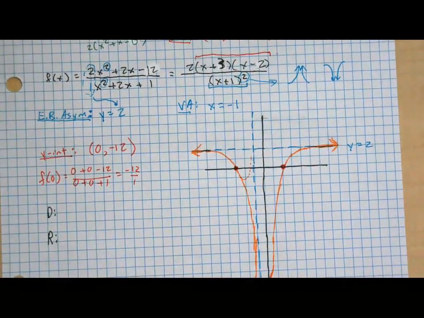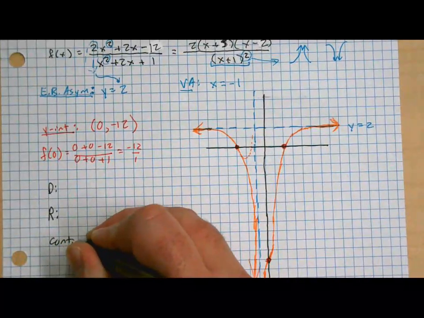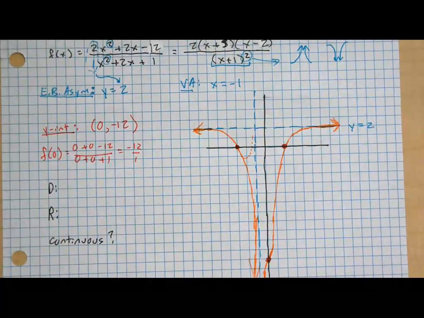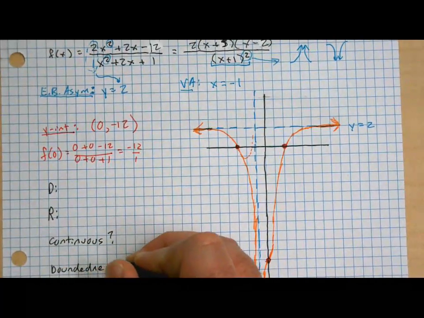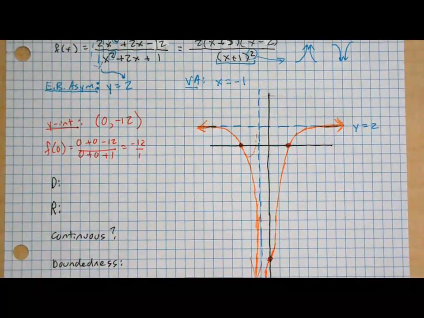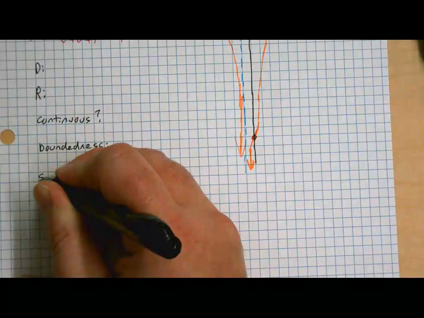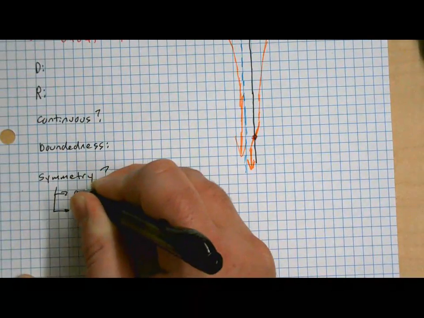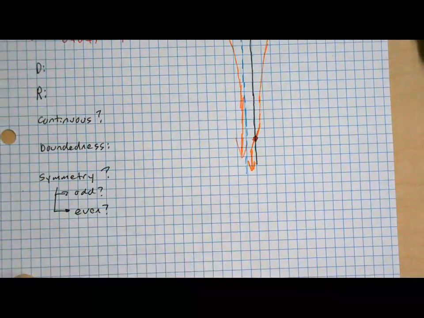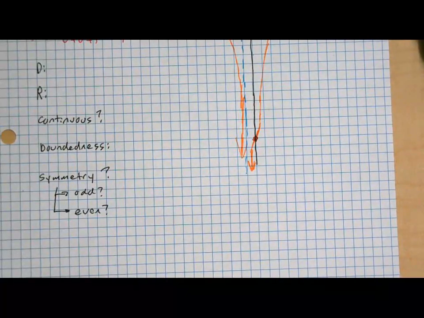Domain, range. Continuous. That's a yes or a no. Boundedness. What else do we have on there? Symmetry, which leads us to odd or even. Trying to think what else.